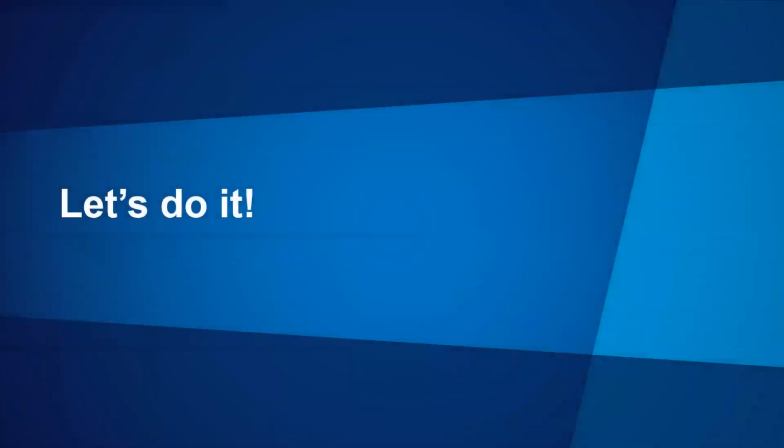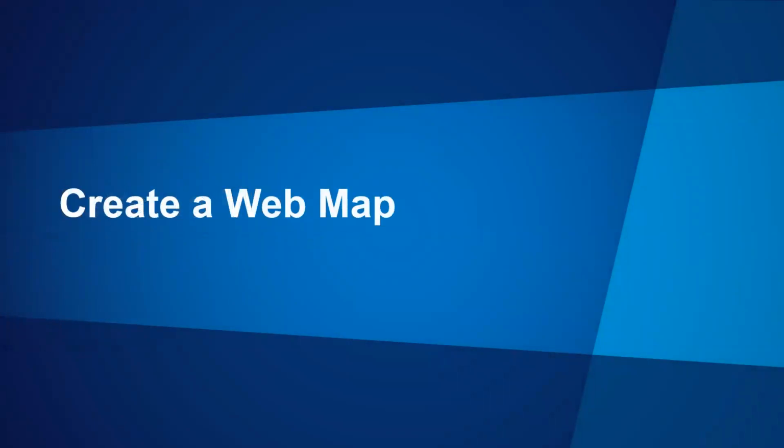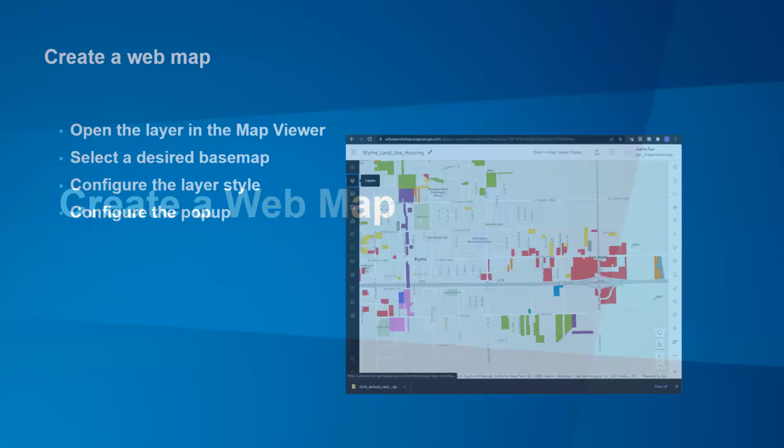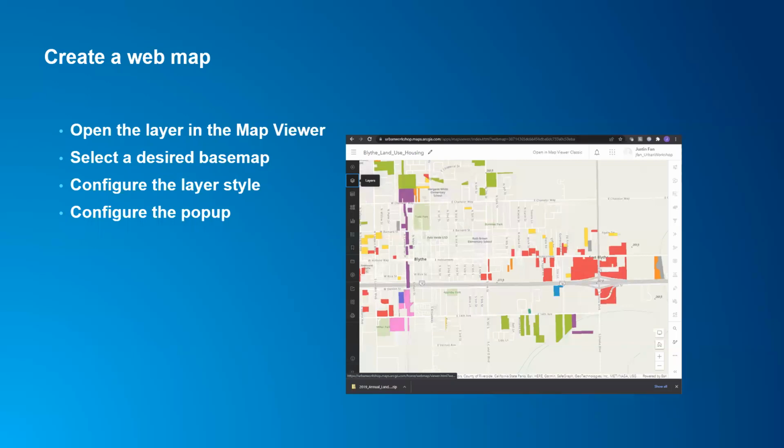Okay, share my PowerPoint again. Now I'm going to talk about creating a map. Because we now bring in the data, we want to create a web map. So you might say, what is a web map?